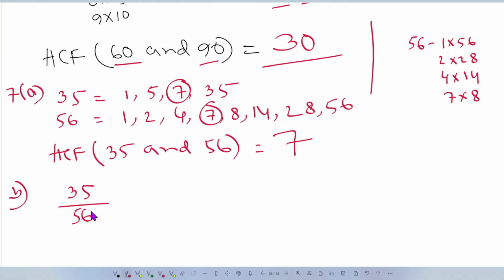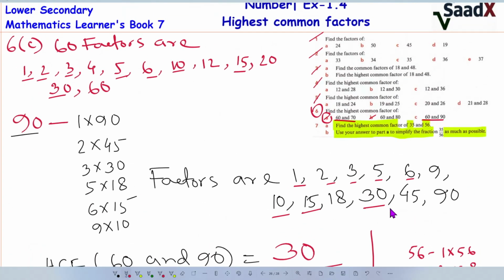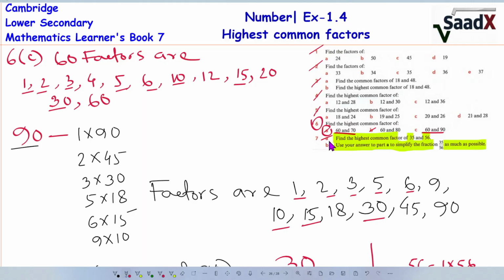So once we divide both sides by 7, 5 times 7 is a 35, so 5, and 7 times 8 is a 56. So 35 by 56, once we divide by 7, we will get 5 and here is 8. Our answer is 5 by 8. Okay, so this is 7B done. A and B done.